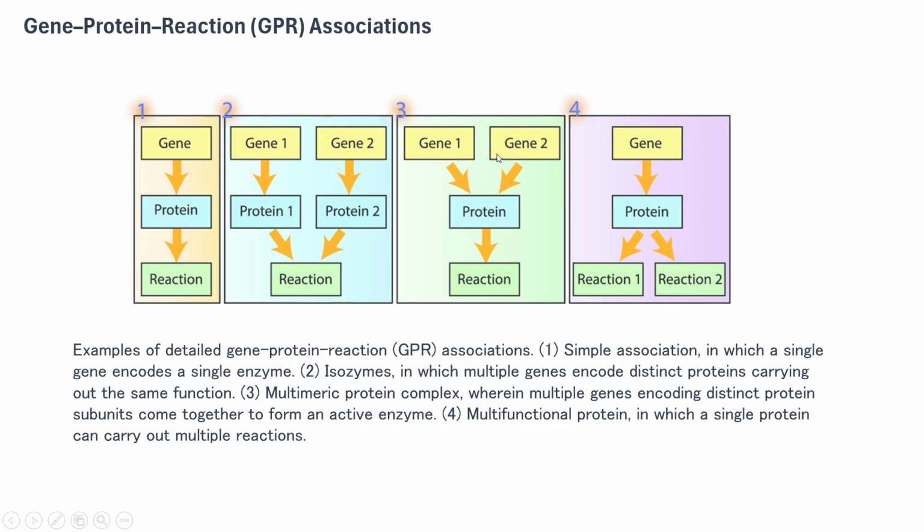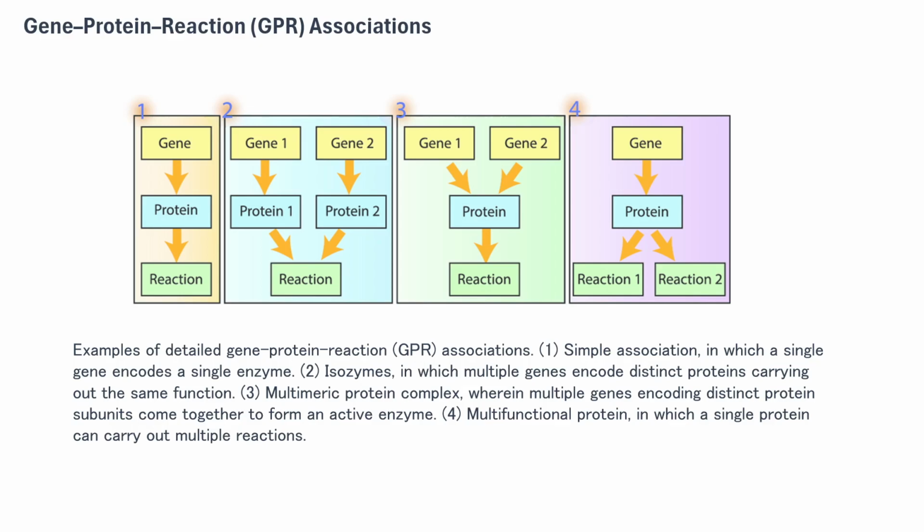This is two different genes forming a single protein which is catalyzing a reaction, known as a multimeric protein, where each forms a monomer and they fuse to form the dimer, or it can be 2 plus 2, 4 as well. There can be many modules, submodules of the protein that is getting formed, but the point is there can be multiple sources of subunits which come together to form a protein which influences a reaction.